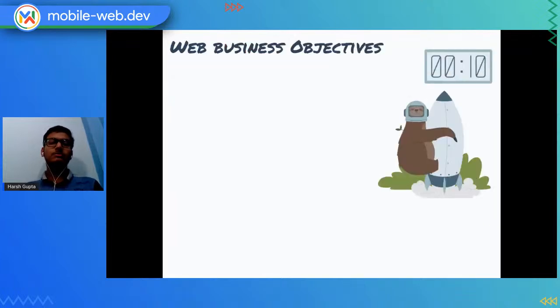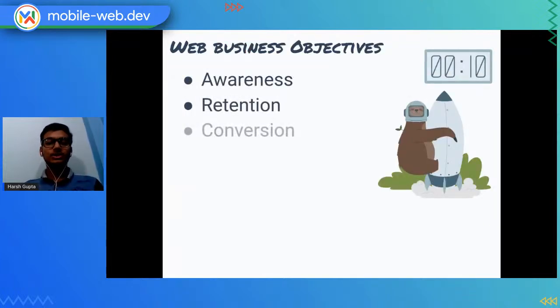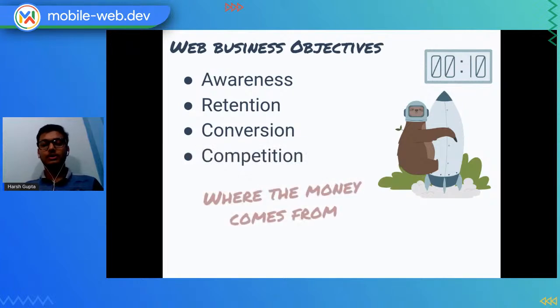From the business perspective, it could be awareness, retention, conversion, and competition. If I'm talking about an e-commerce website like Amazon, which sells products, it should have more performance, more retention, a higher conversion rate, and also more competition.